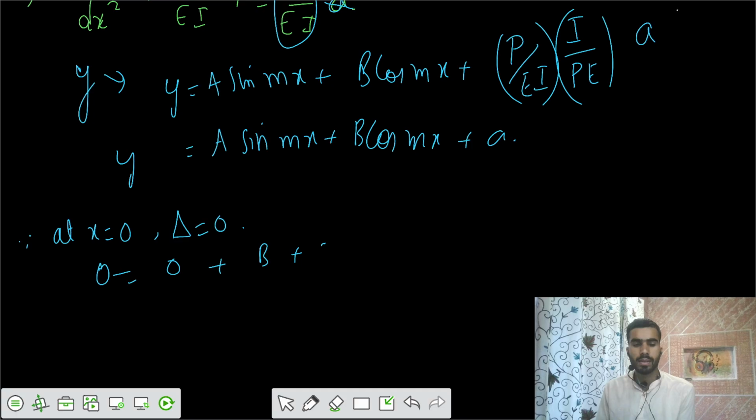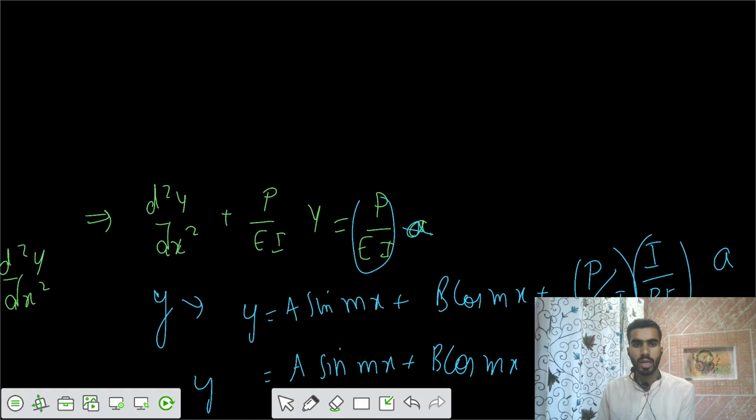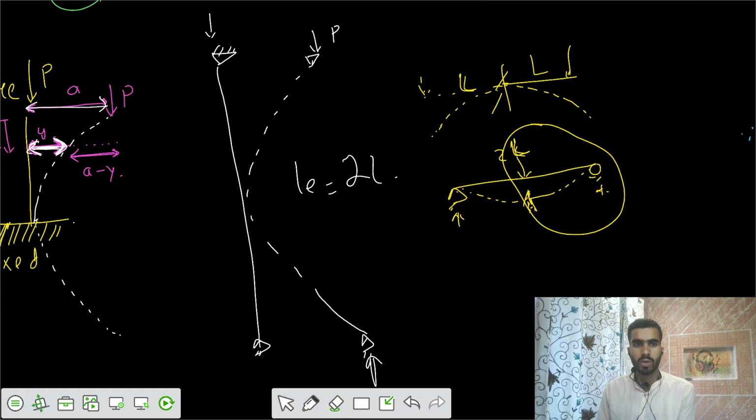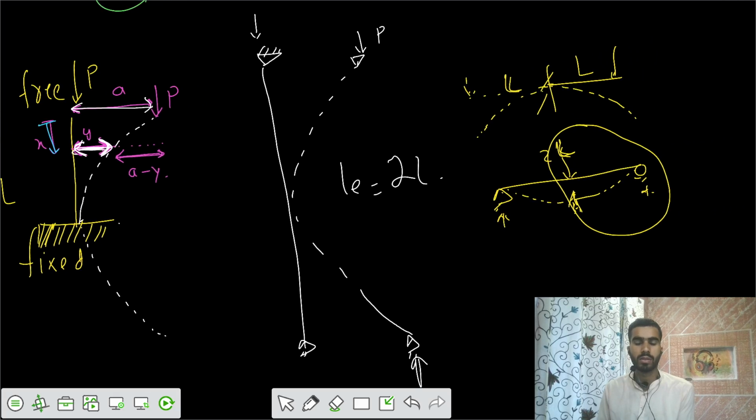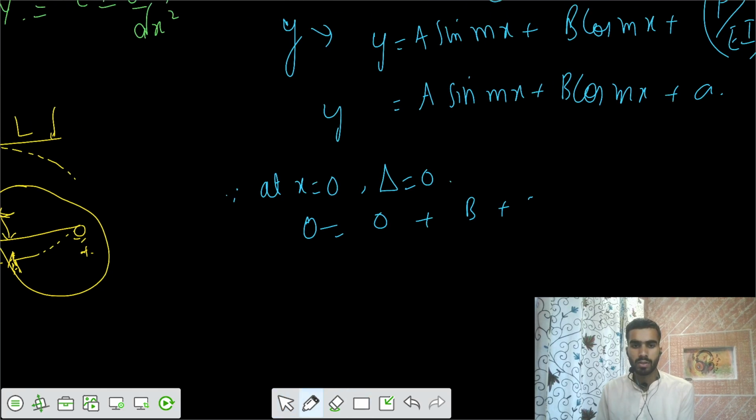If I say that at x equals 0, delta is 0? Is it delta 0? At x equals 0, delta is not 0 actually. Delta is equal to a. And this is the difference from the other three derivations: at x equals 0, the y value, y equals a, or delta equals a.